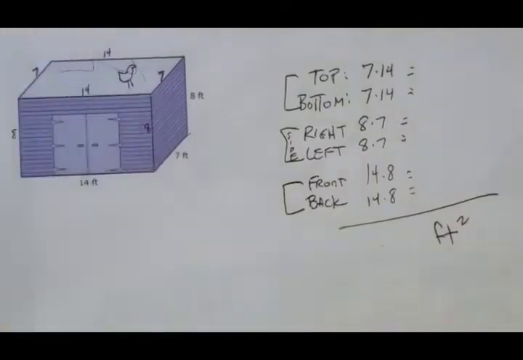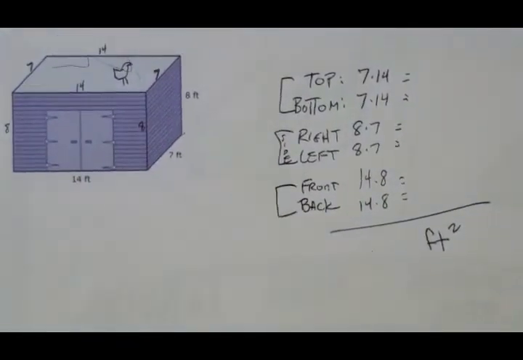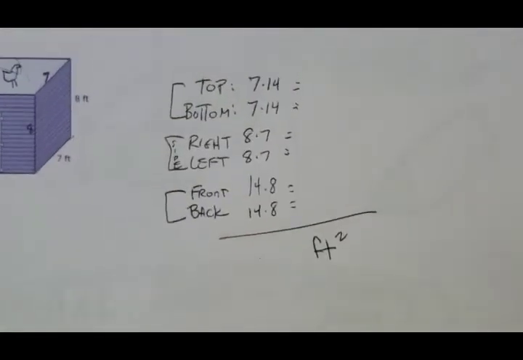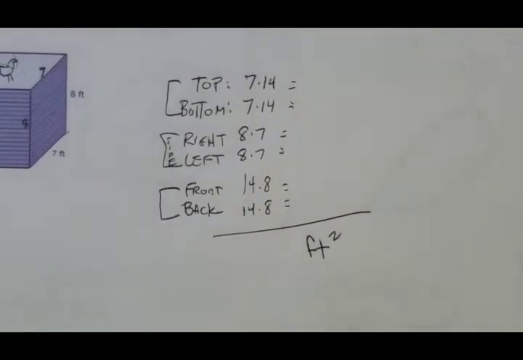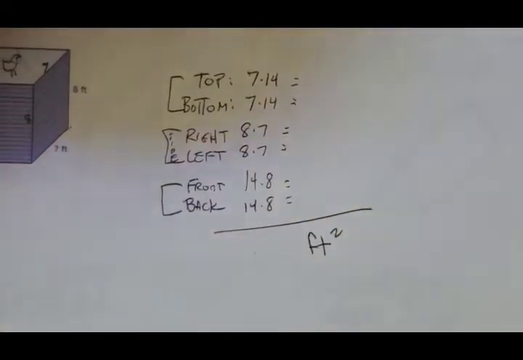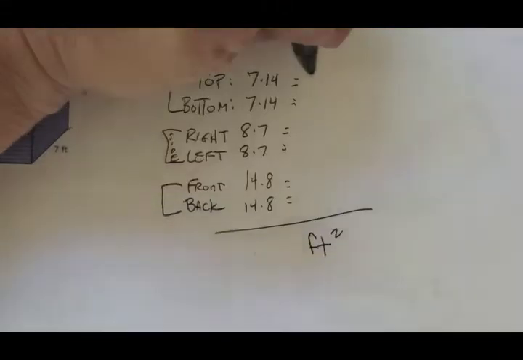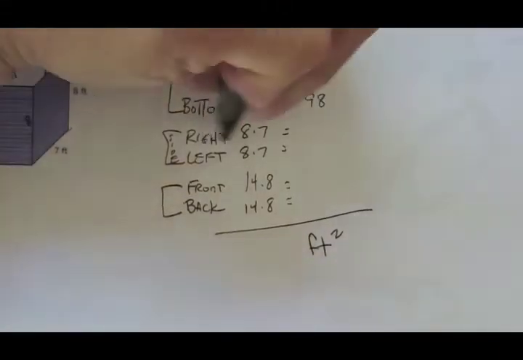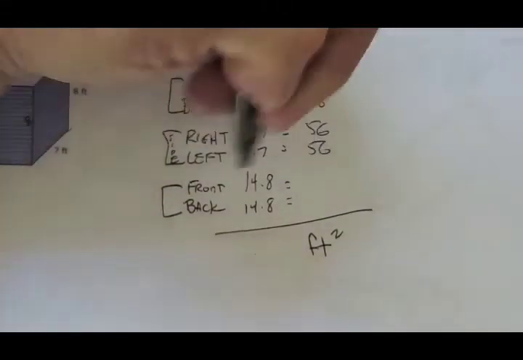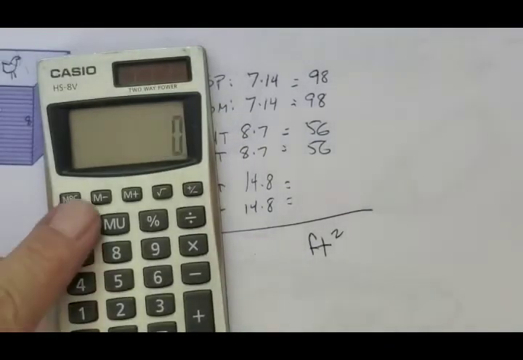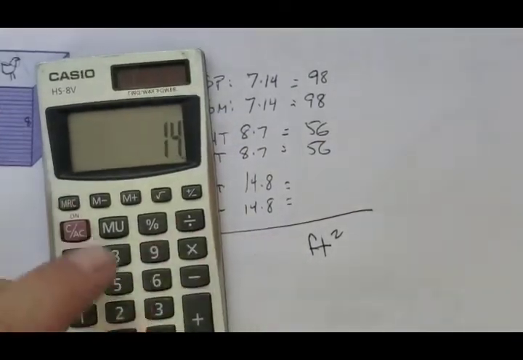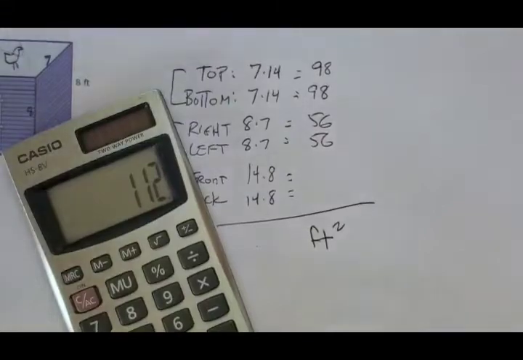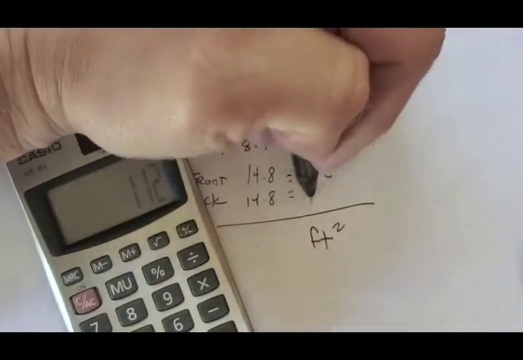Now, we're going to crunch some numbers, and we're going to get the total surface area of this figure. I know that 14 times 7 is 98. I know this is 56. 14 times 8, I'm just going to double check. I don't want to be wrong, although that does happen occasionally for sure.